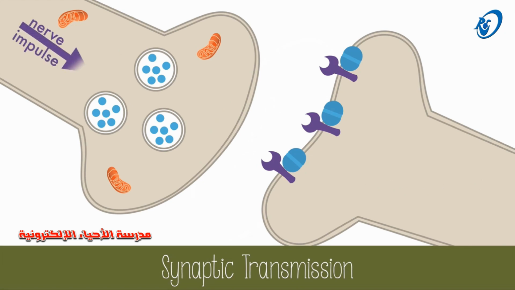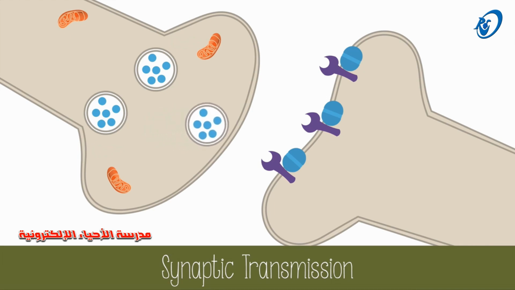First, a nerve impulse in the presynaptic neuron reaches the end of the membrane. This causes calcium ions to diffuse into the cell through channels in the membrane. The influx of calcium causes vesicles with neurotransmitters in them to move and fuse to the cell membrane. The neurotransmitters are released into the synaptic cleft by exocytosis.